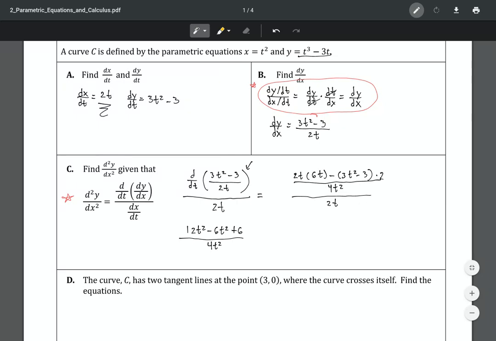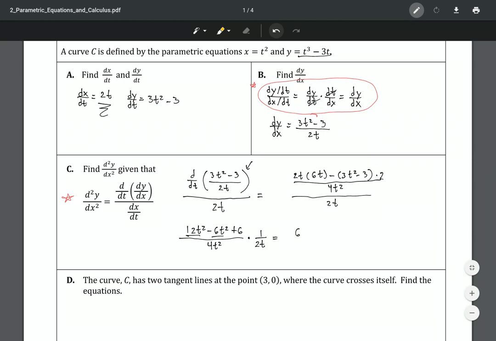Now, if we divide this by 2t, because I divide by a fraction, I can actually multiply by 1 over 2t. The numerator terms are like terms, so they add together.